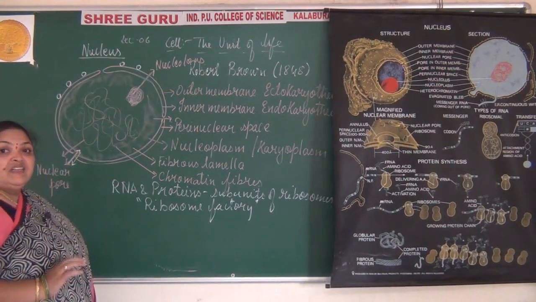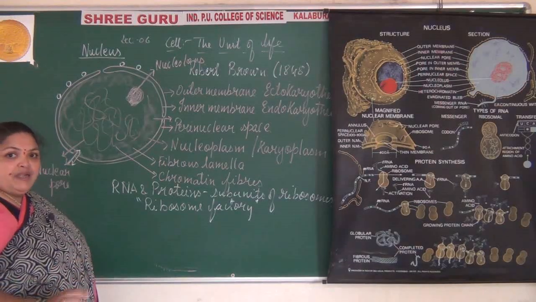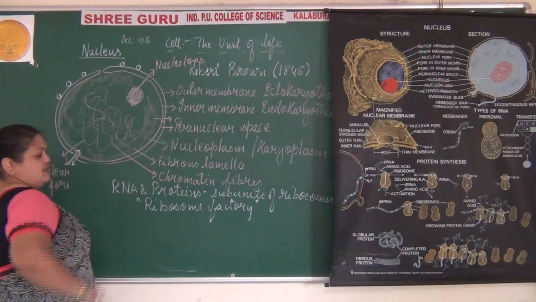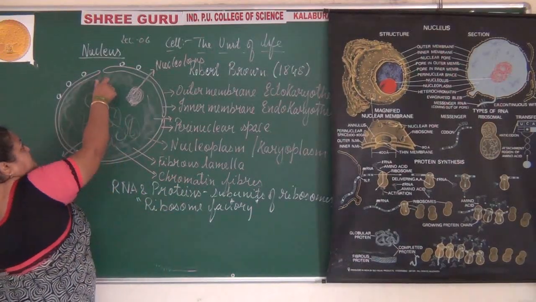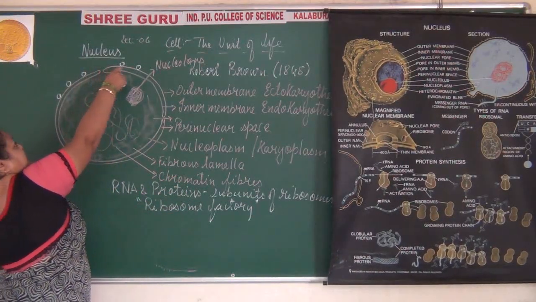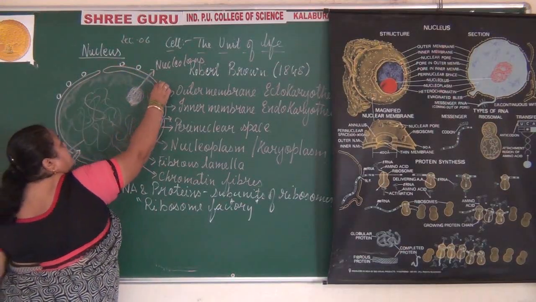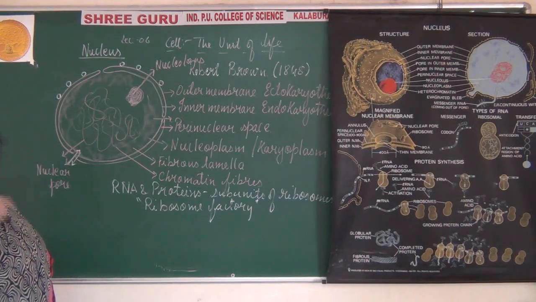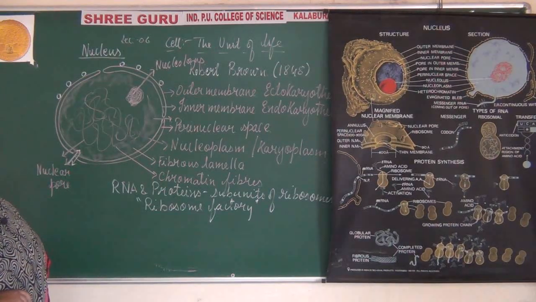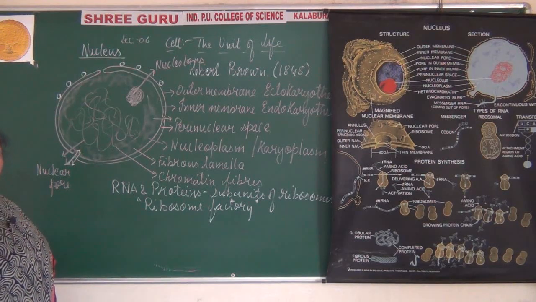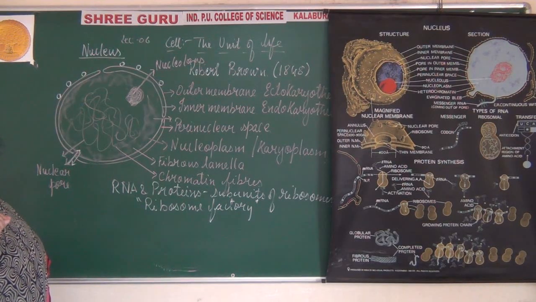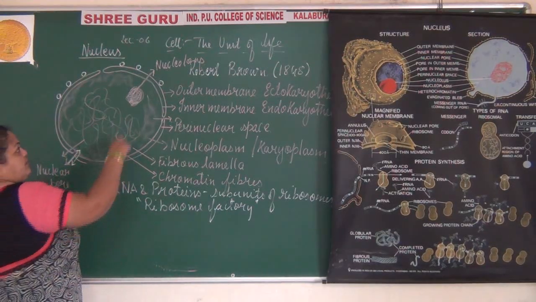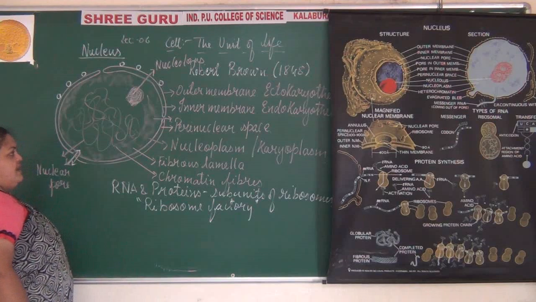When the nucleolus synthesizes the ribosome units, they are released and get attached on the membrane of the nucleus. Usually if you observe under the electron microscope, you will see small spherical granular structures present around the nuclear membrane. Those are nothing but the ribosomes.